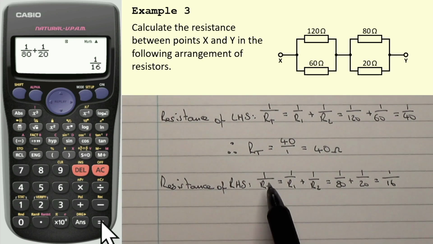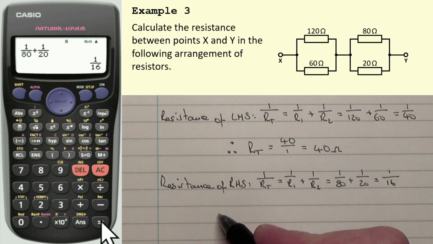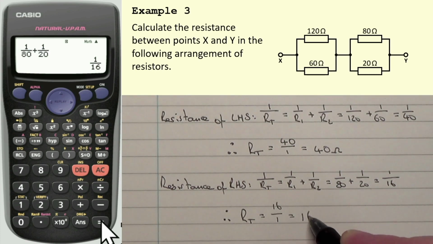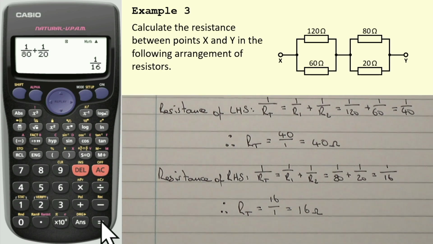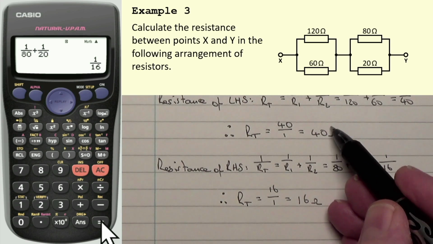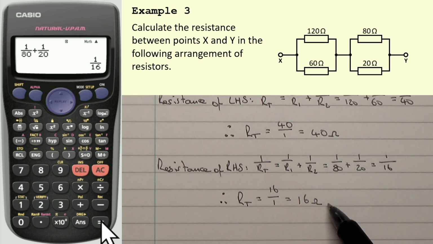So of course, if again 1 over RT is 1 over 16, then RT is equal to 16 over 1, which is 16 ohms. And that means, of course, that if we have the branch on the left with a resistance of 40 ohms and the branch on the right with a resistance of 16, both of these two parallel branches are in series with each other.